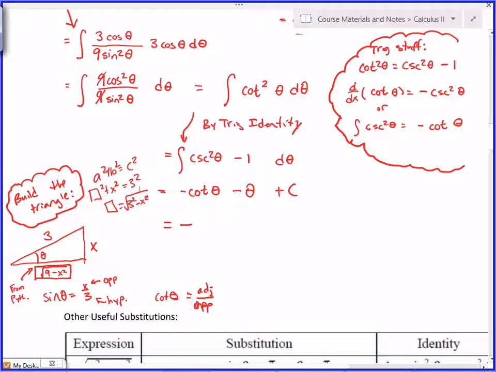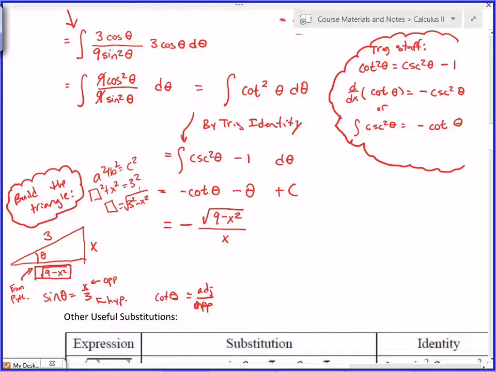Adjacent over opposite is cotangent because it's the flip of the tangent. So what is the adjacent over the opposite in this triangle? Square root of 9 minus x squared divided by x.